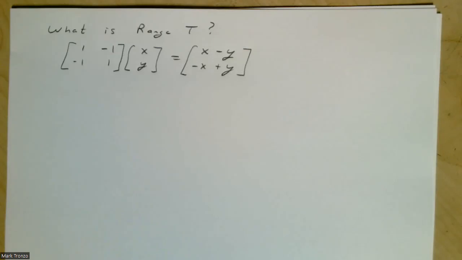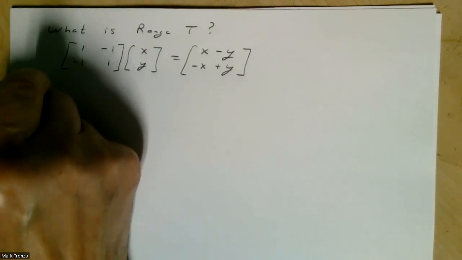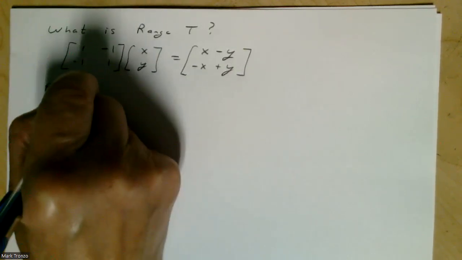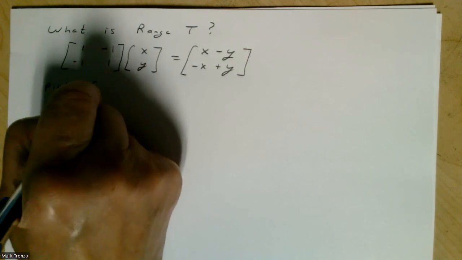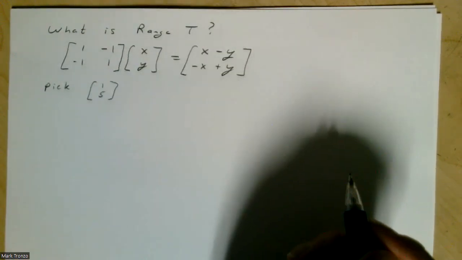But let me go through this a little bit more intuitively. So let's just pick some vectors. I don't know, say 1, 5. Maybe pick 1, 5 in here.